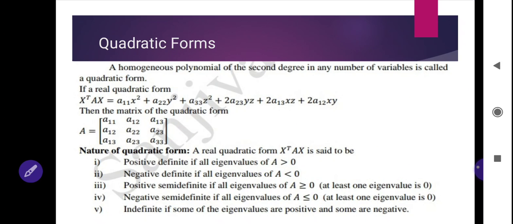Then depending upon the eigenvalues of this matrix, we have different natures of quadratic forms.